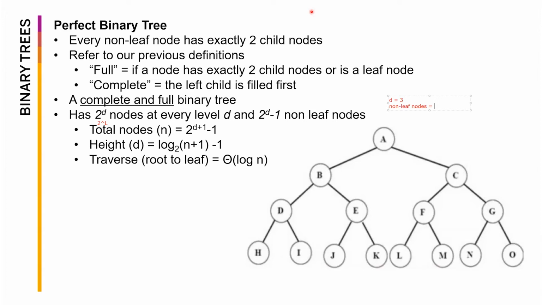That's actually a question. If we have a full binary tree or a perfect binary tree, which has 3 levels, or D is equal to 3, how many non-leaf nodes are there?